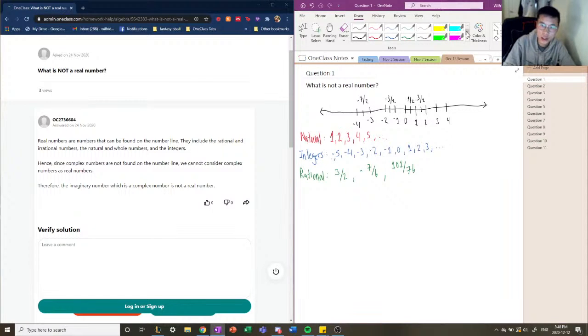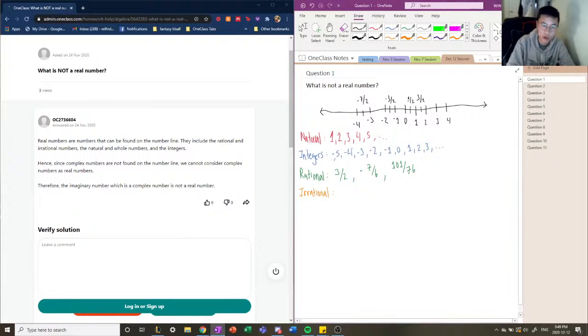Our final category of numbers on the real number line is irrational numbers. These numbers cannot be described as a ratio of two positive or negative integers. Another description is that they have a never-ending decimal, meaning the digits past the decimal continue on going.